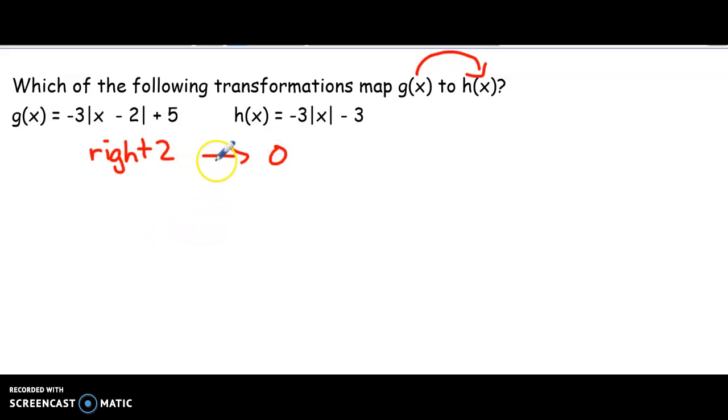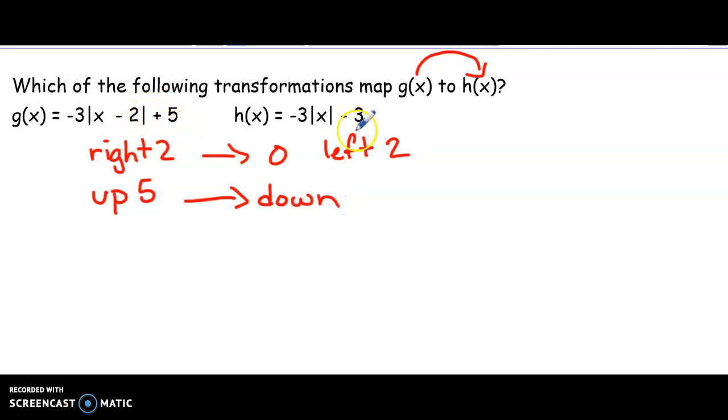So in going from right back to 0, this means that I went left 2. I started at 5, so this was up 5, and I went down to -3, so that means that I had to go down 5 and then 3 more, so I went down 8.